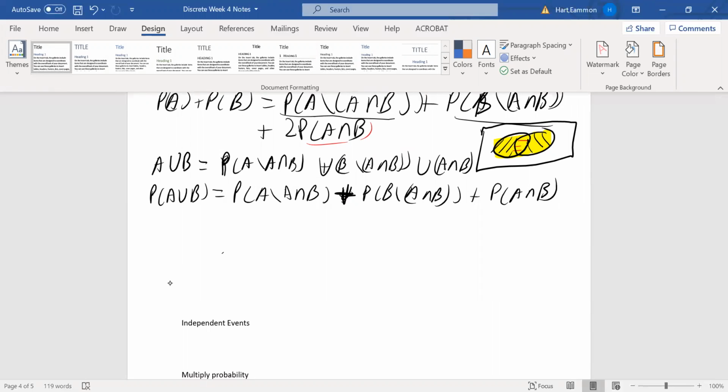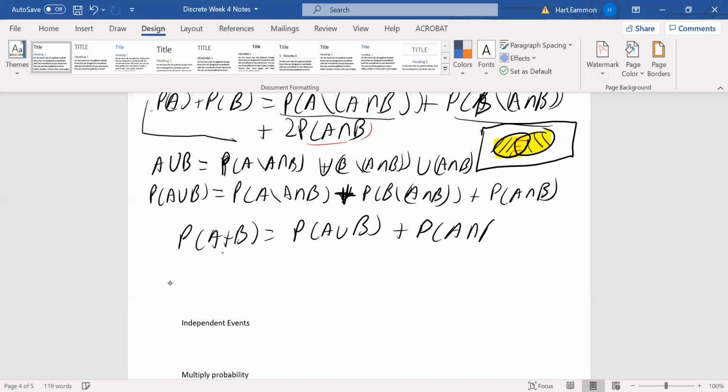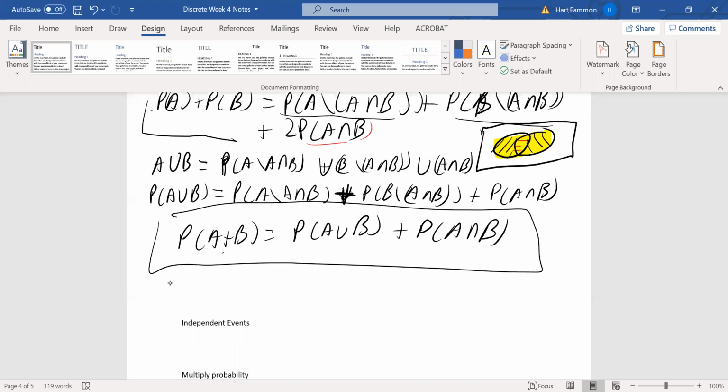Then substituting in up here, we get P of A plus P of B is equal to P of A union B, plus I still have the second one of these, so plus P of A intersect B. So that's what we were trying to prove.